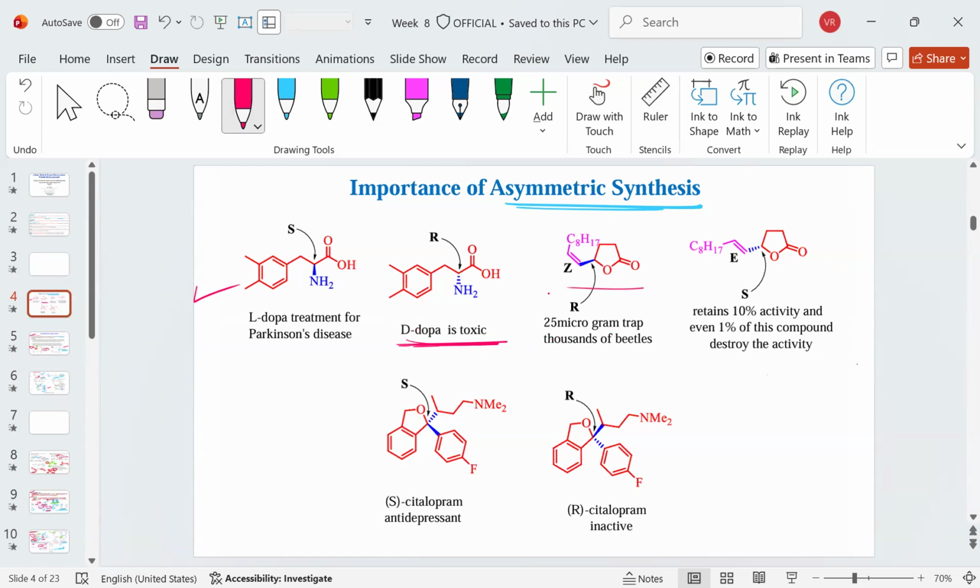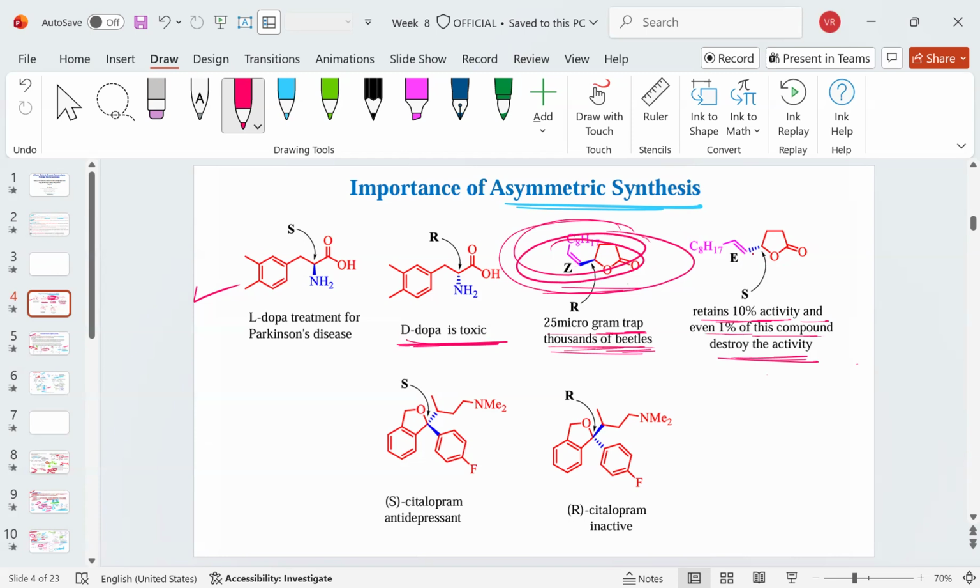Similarly, if you look at this molecule, it is mainly used, in micrograms, to trap thousands of beetles. However, the other isomer retains 10% activity, and even 1% of this compound destroys the activity. So if the compound is impure, it can destroy the activity of this active compound.